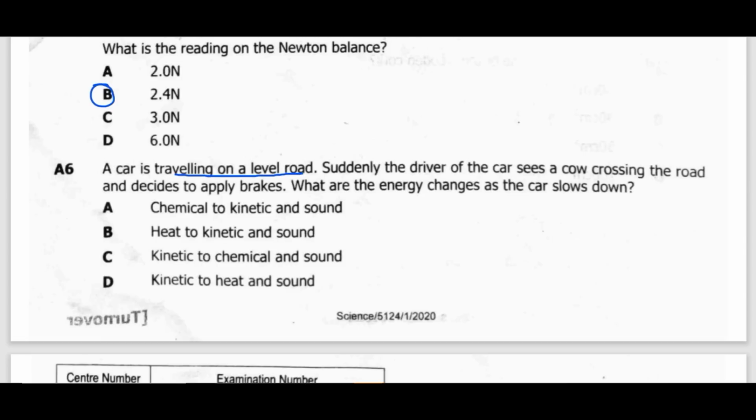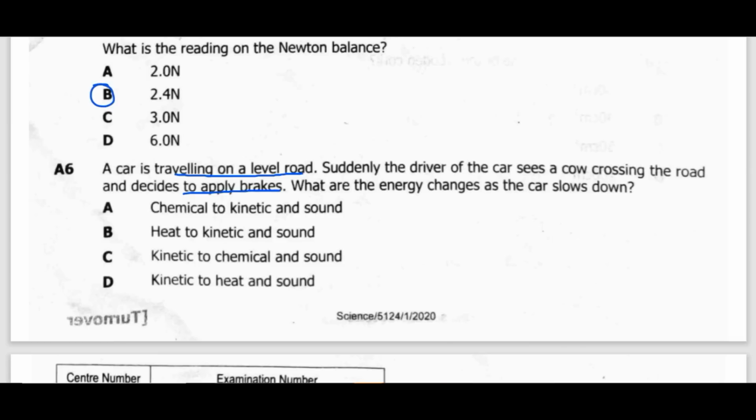And then the other thing: suddenly the driver sees a cow crossing the road and decides to apply brakes. What are the energy changes? The first one here, the energy is chemical to kinetic energy and sound.